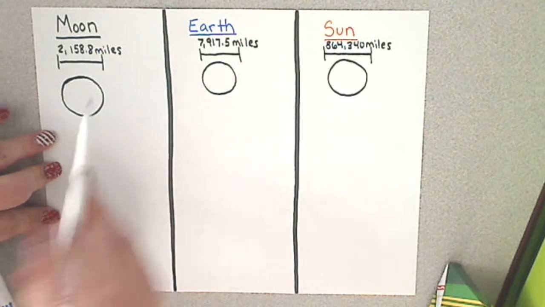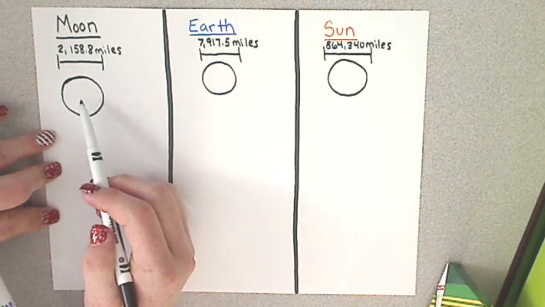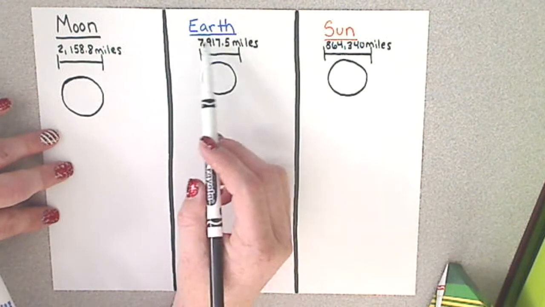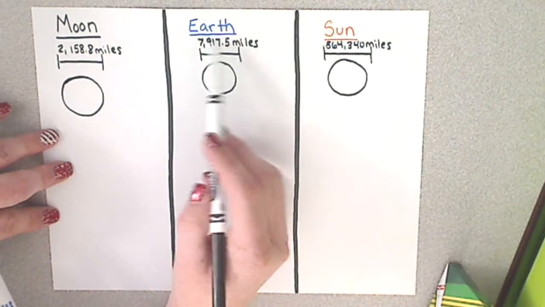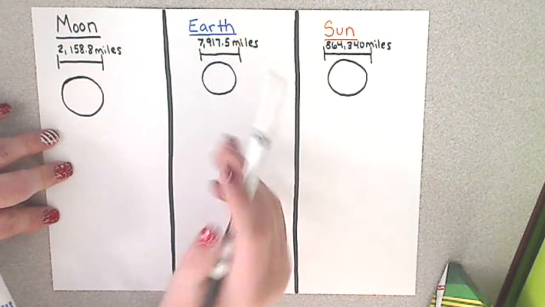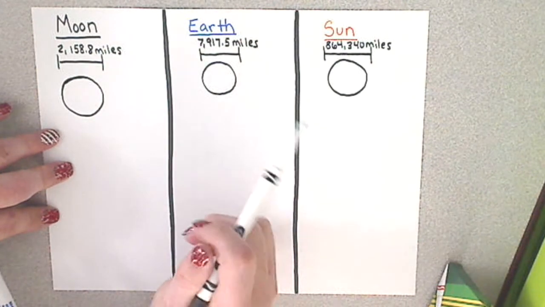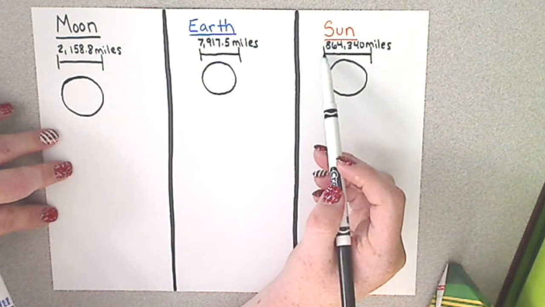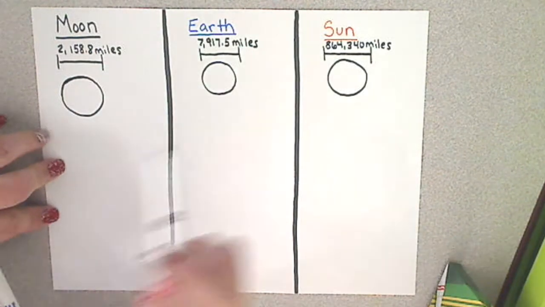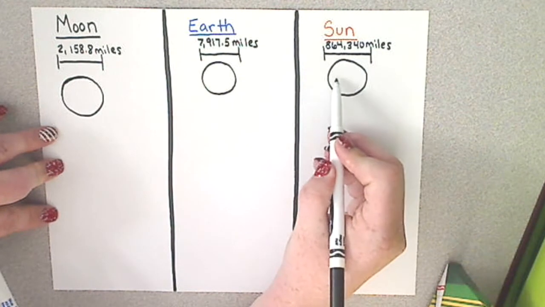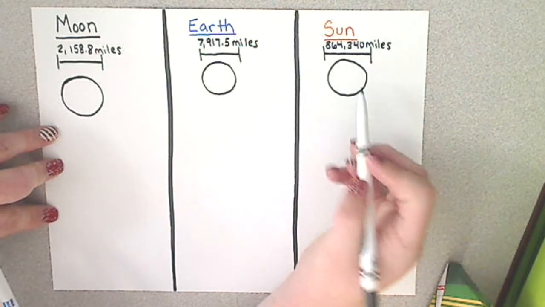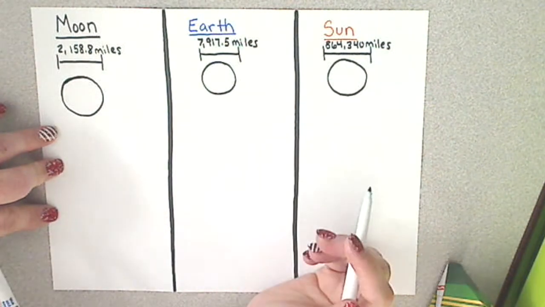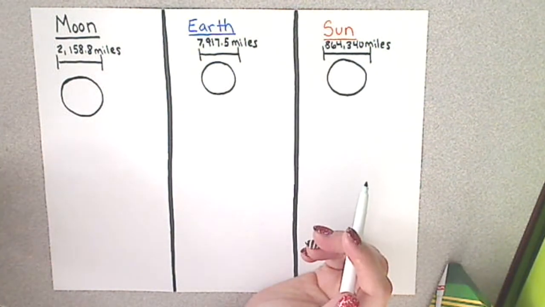The moon is about 4 times smaller than the Earth. If we rounded the diameter of the Earth to the nearest thousand, we'd have about 10,000 miles. It would take 860 Earths side by side lined up to get about the diameter of the sun. So that is a huge size difference.